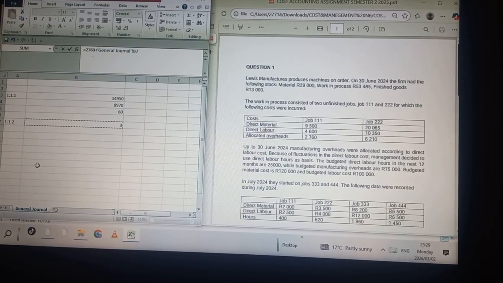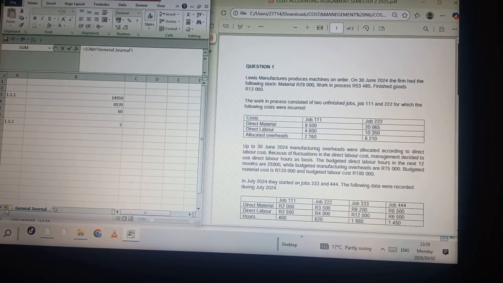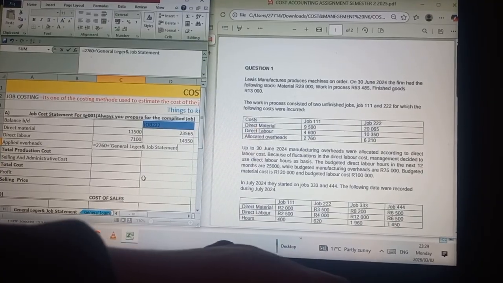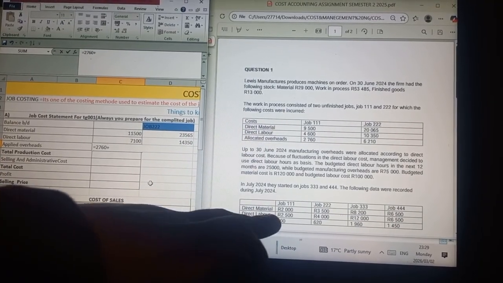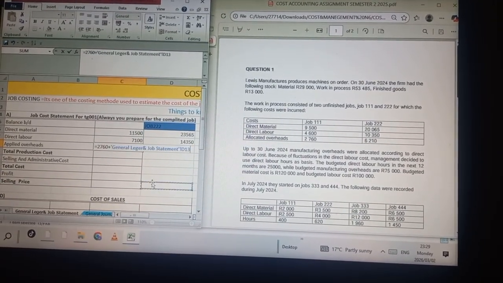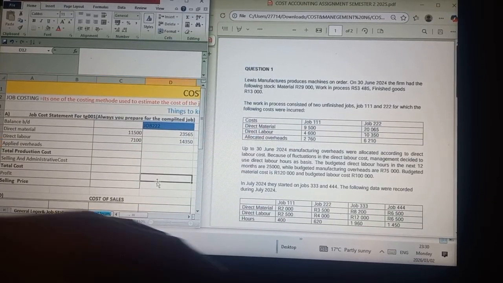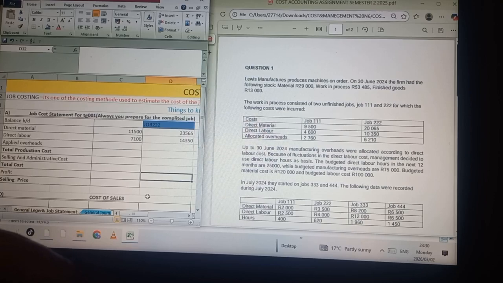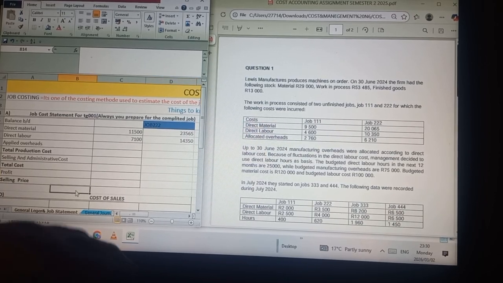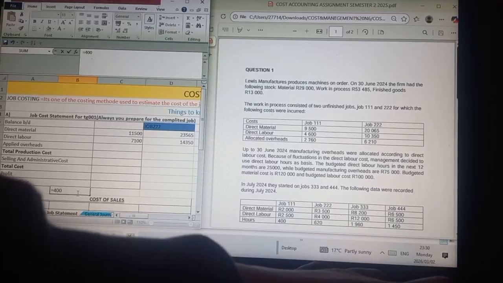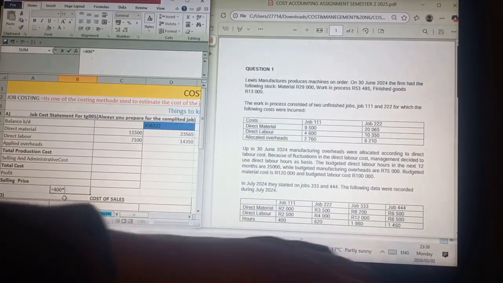The 3 rand that we got here. So you say plus 400 times the 3 rand that you got.